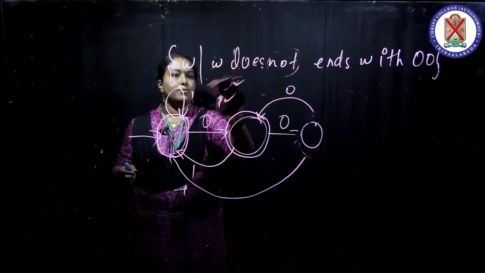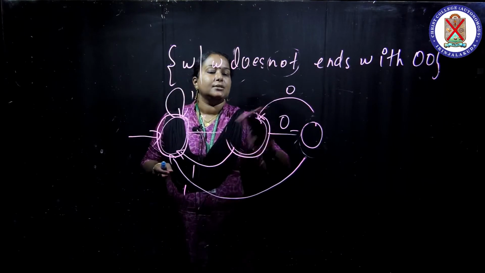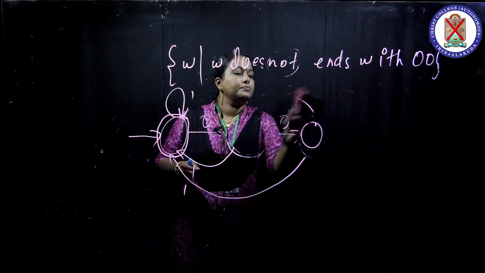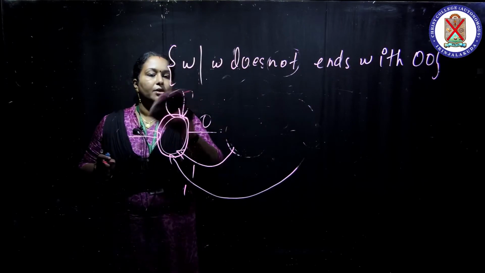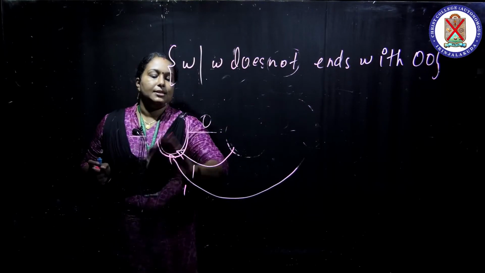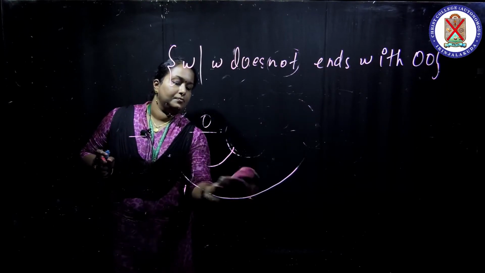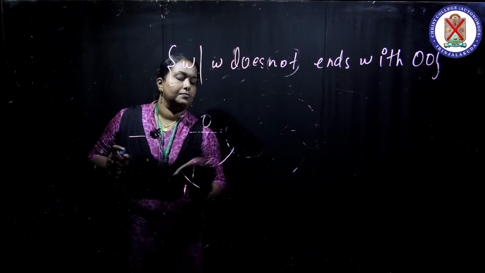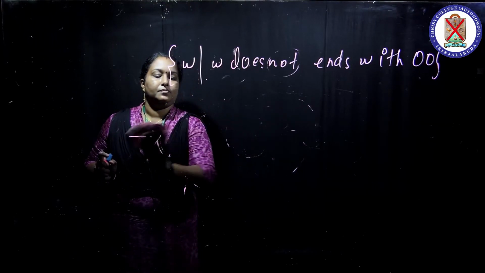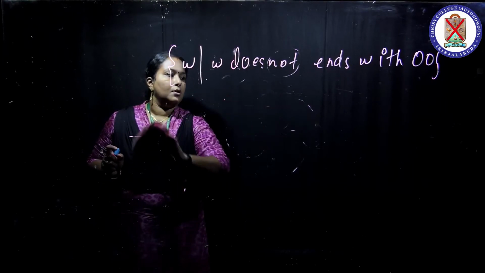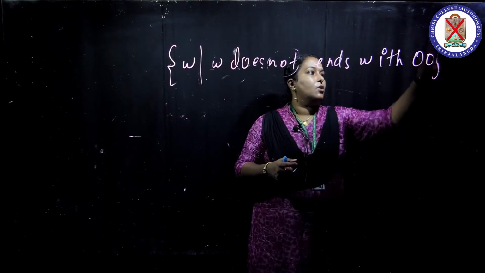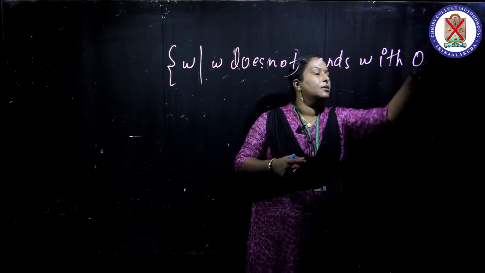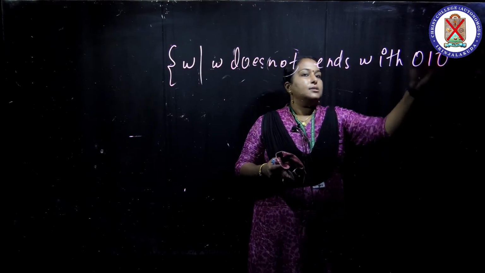We can see one more example here to get a clear idea. We can draw one more DFA with the same idea. W does not end with 010.